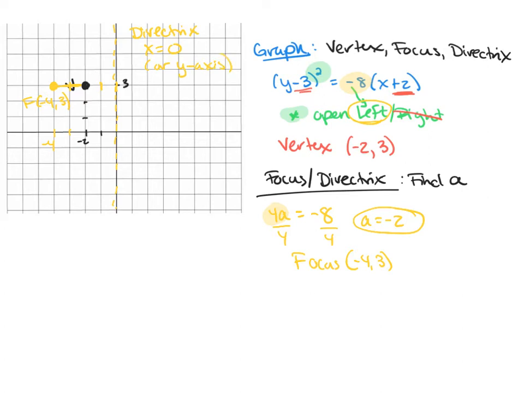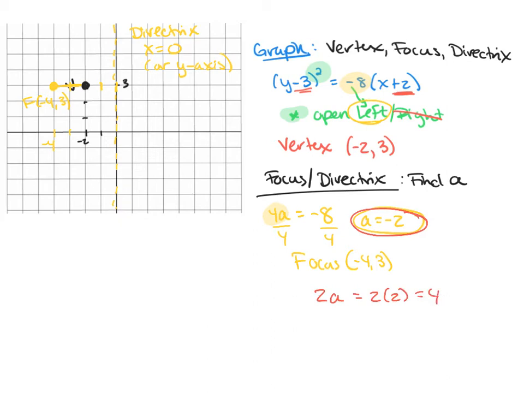Okay, now I know my parabola looks something like this, but I don't know exactly how it looks. So let me show you a great way to get a nice picture for your parabola. Starting at your focus point, we're going to travel 2a units. So 2 times a would be 2 times 2, which should be 4.